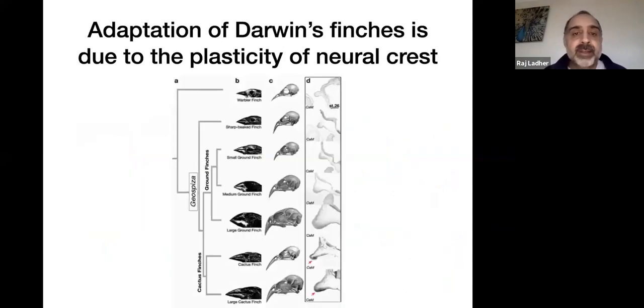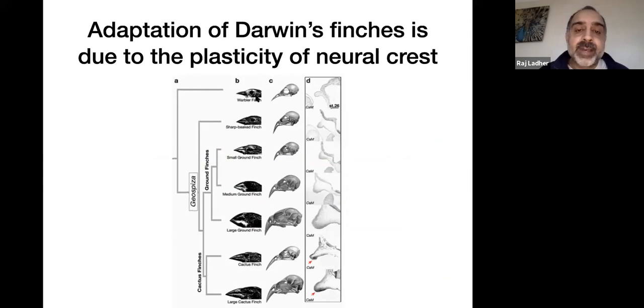We can think about this in terms of Darwin's finches as well. This may not be such a clear thing to think about. Remember, I'm sure you've all read Origin of Species. You know that some of Darwin's thoughts on variation and natural selection came from looking at the different types of finches in the Galapagos.